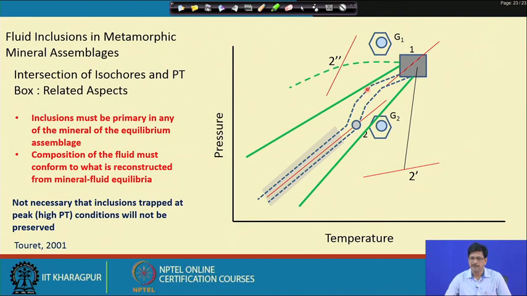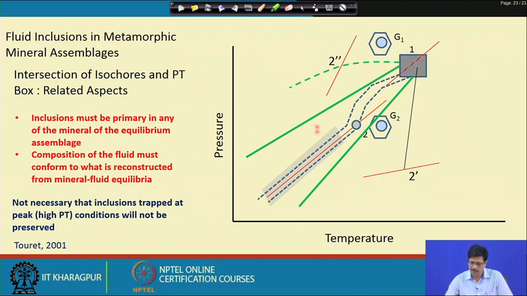So, in summary, when we talk about looking at fluid inclusions to understand the metamorphic environment, because we are more concerned here with the fluid chemistry or the fluid characteristics, and what we can derive, the intensive parameters like pressure and temperature. We know that we could get some kind of agreement when we construct such PT boxes.